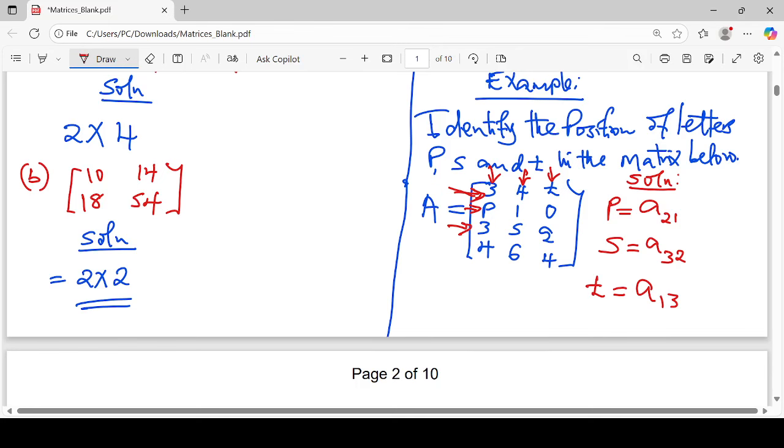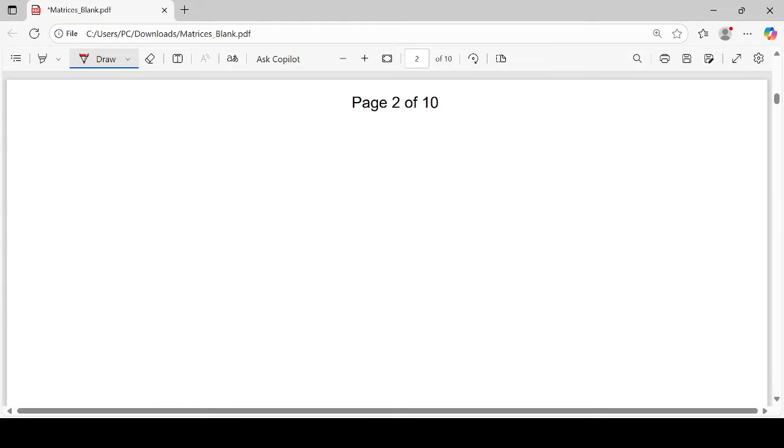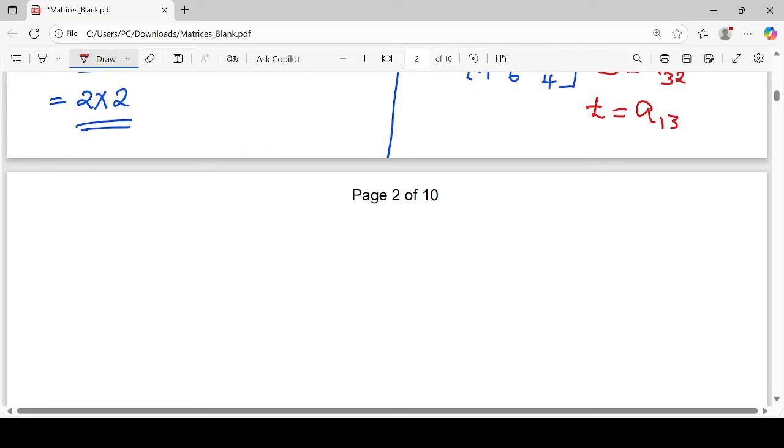Let's look at the next item in our discussion, learners, which we call compatibility of matrices in addition and subtraction. Compatibility of matrices, that is another substrand.